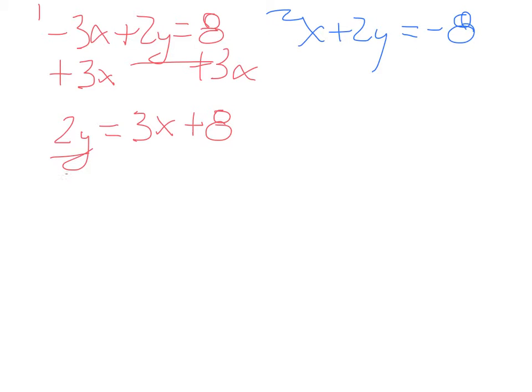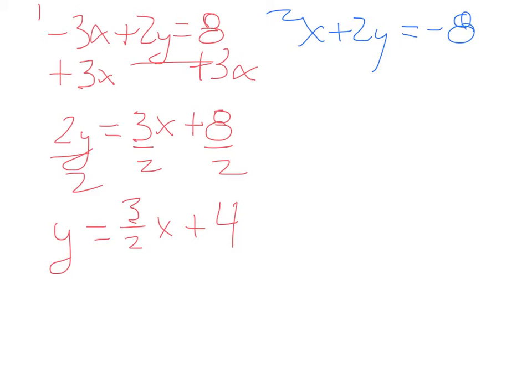And then I'm going to divide everything by 2. And that's going to give me y. Here's my first equation. y equals 3/2 x. I'll leave it just like a fraction because slope is fine when it's in fraction form. It actually helps me to follow the rise over run principle when it's kept in a fraction form. Plus 4, 3/2 x plus 4. So there's one equation that I've got.